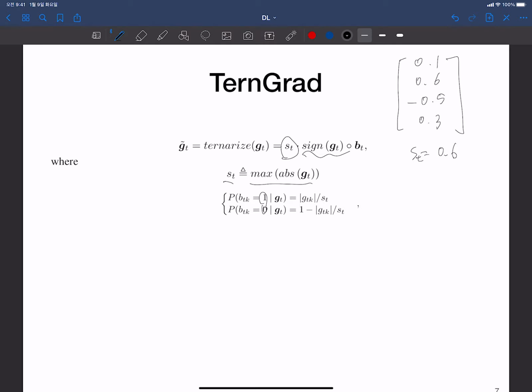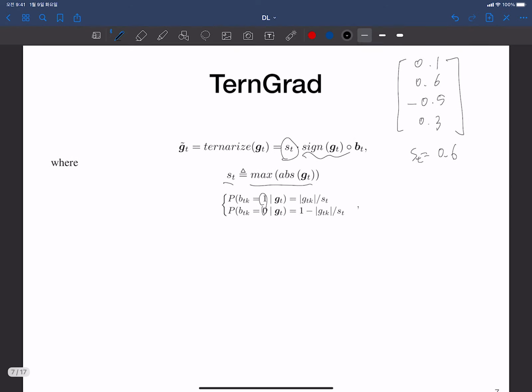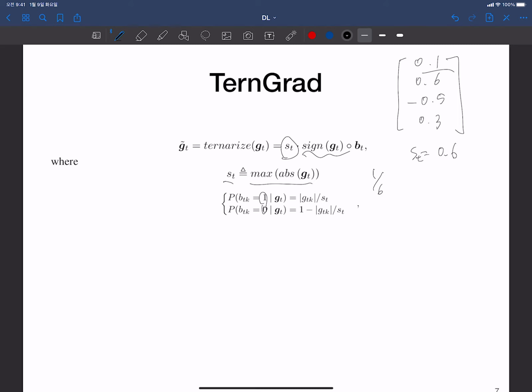And each probability is computed; for instance, in this case 1 over 6, 5 over 6 for this, 1 and 0. For this, 5 over 6, 1 over 6, and so on. Okay?